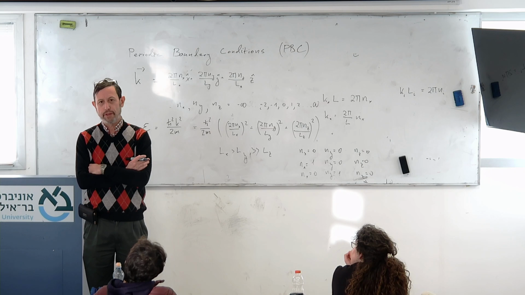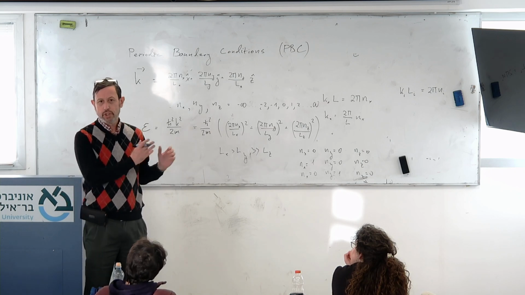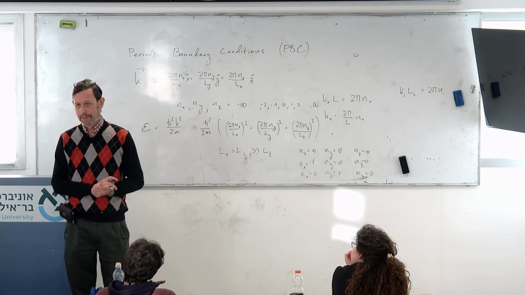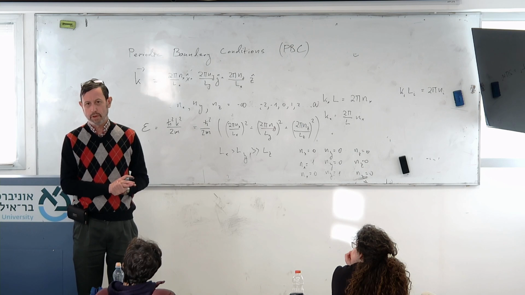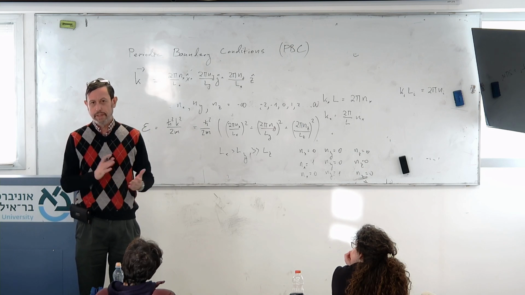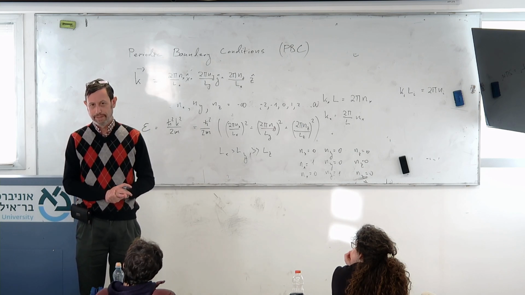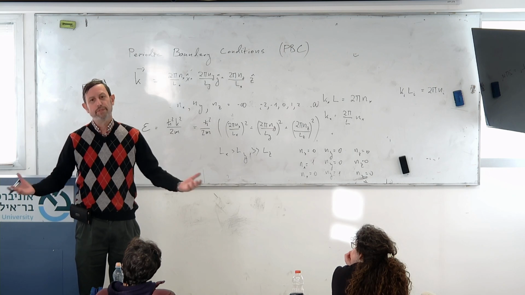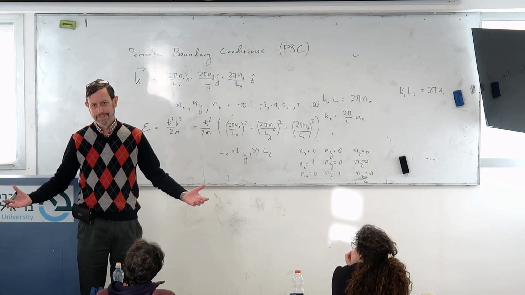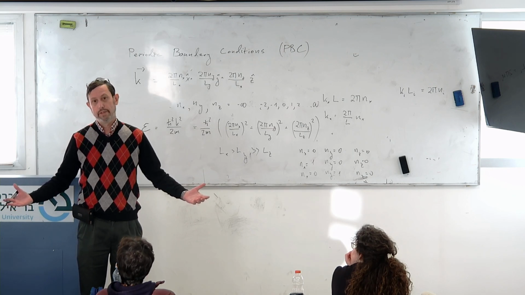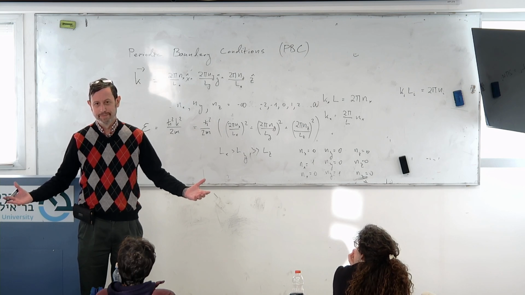Meaning that if I'm a creature living in this system, and I'm measuring the spectrum of energies of free particles, and I don't have infinite energy, I'm not aware that there is an Lz in my game.